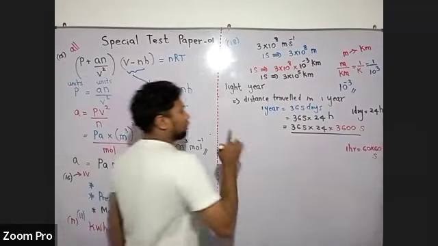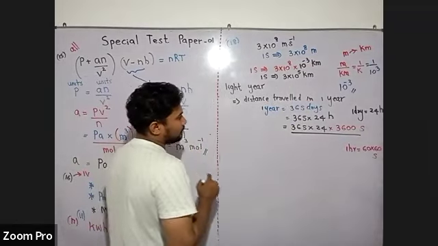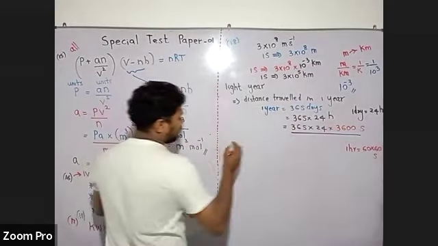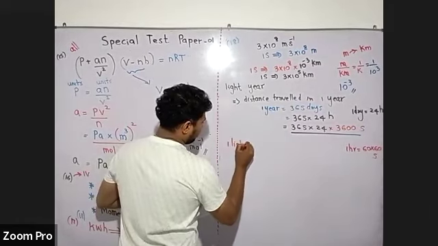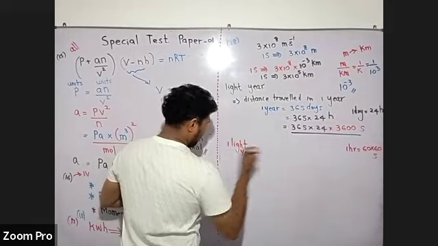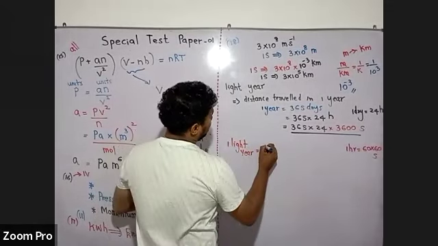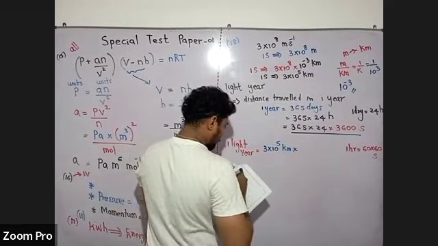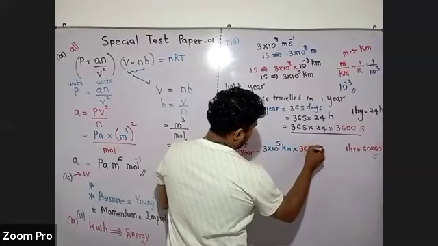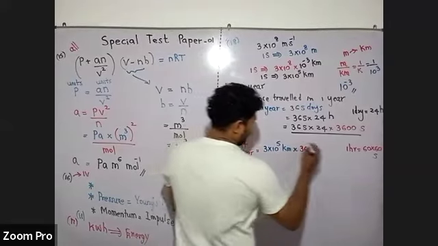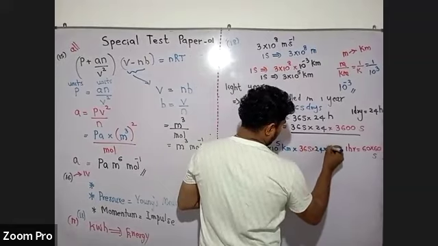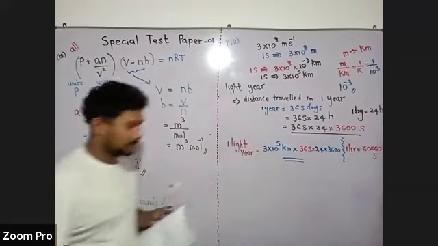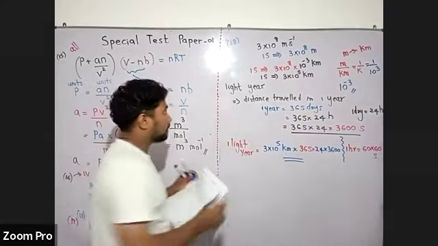So 1 light year consists of the distance traveled within this time period. That means 1 light year can be obtained by multiplying this 3 into 10 to the power 5 kilometers by this amount of time. This is the answer, right? Okay, now the answer should be the first one.